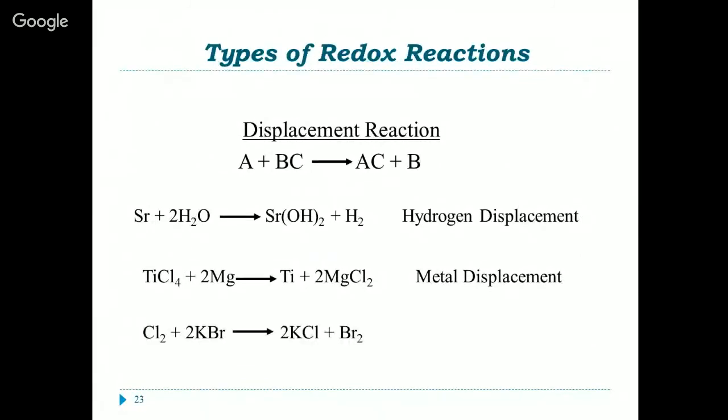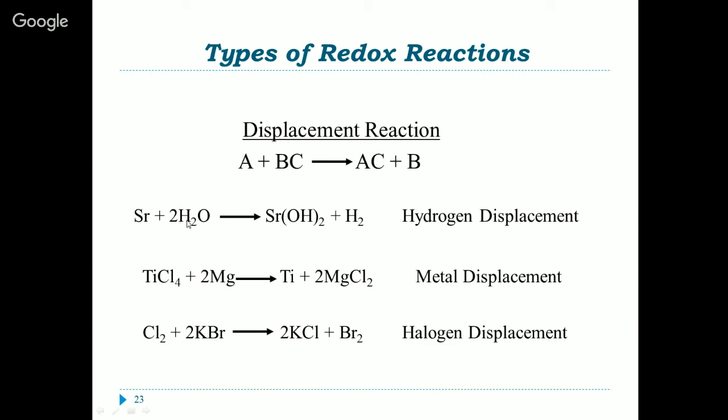And lastly, we can see halogen displacement, where chlorine kicked bromine out to form potassium chloride. So in each of these instances, though, we have one thing that is by itself, one thing that is a compound. The single thing will replace the respective charge on the compound that is formed.